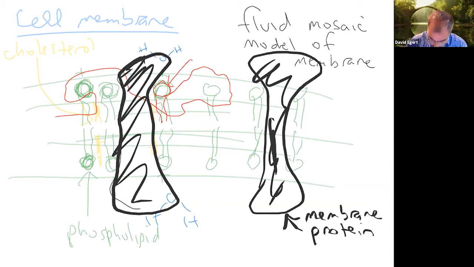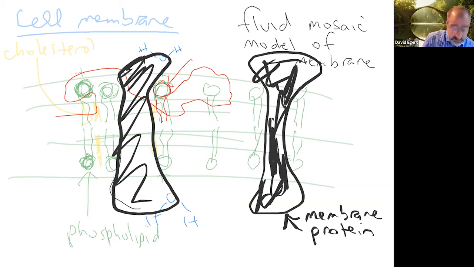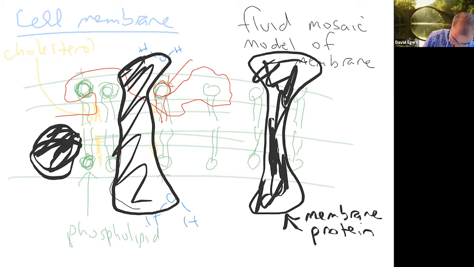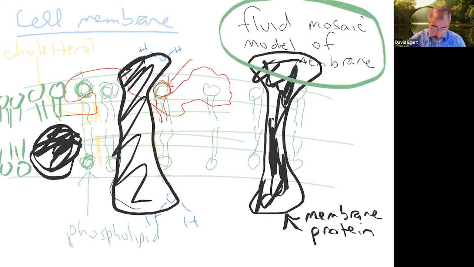The membrane proteins, and the ones I've drawn here are spanning. Some of the membrane proteins are only on one side. They don't necessarily go all the way across. But they're also part of this fluid mosaic model, meaning they're moving around.